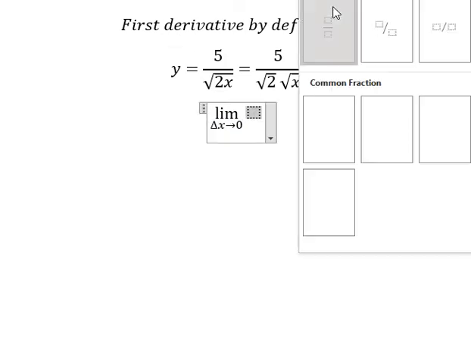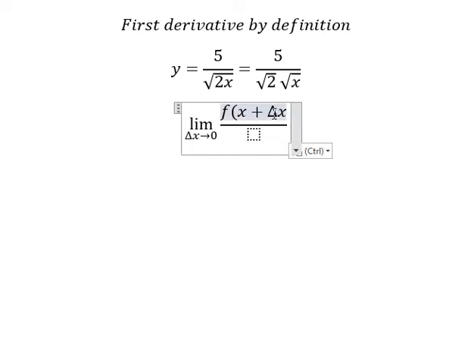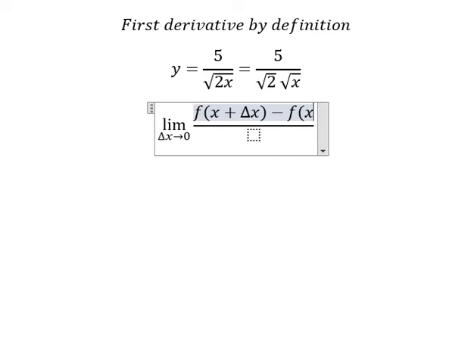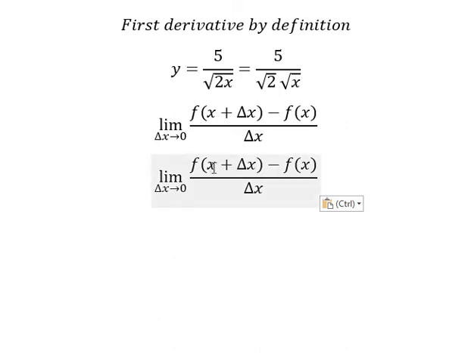So we have the function f of s plus delta s, minus f of s, over delta s. Now I will put this one in here, and this one in here.